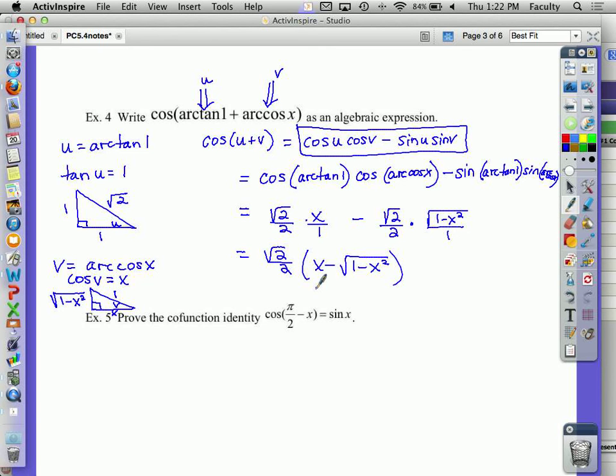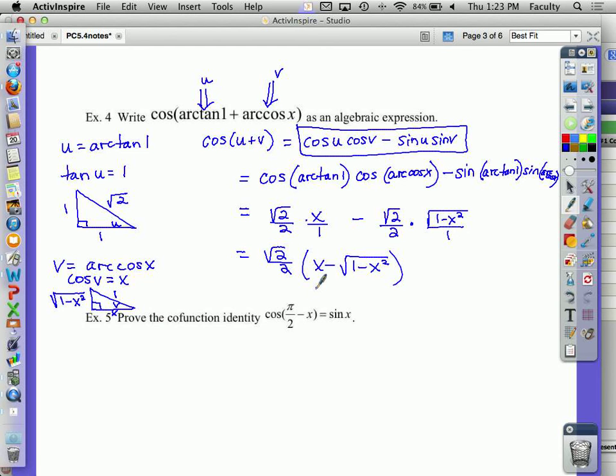All right, example 5 says prove the cofunction identity cosine of pi over 2 minus x equals sine x. I've been waiting and waiting to show you this, because we looked at graphs and numerical examples, but we really weren't proving that this was true. Now, with our sum and difference formulas, we can actually prove that cofunctions are in fact complementary.